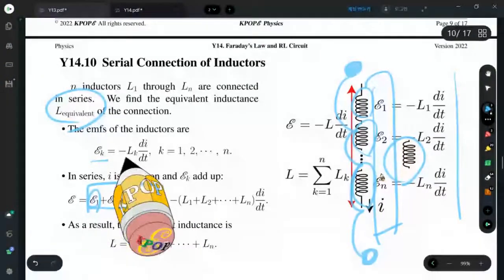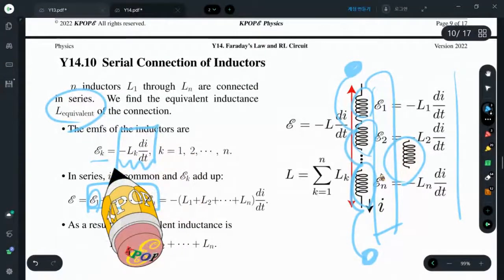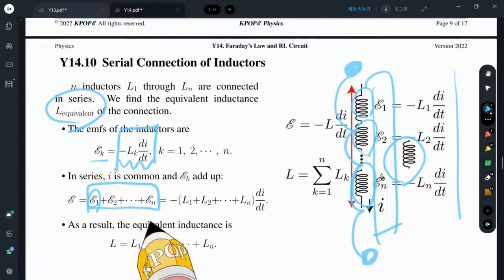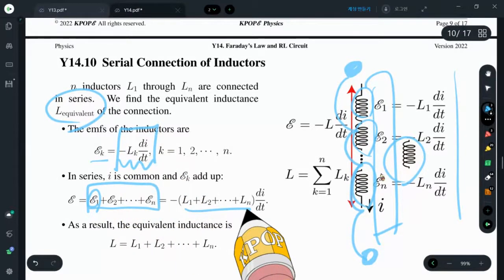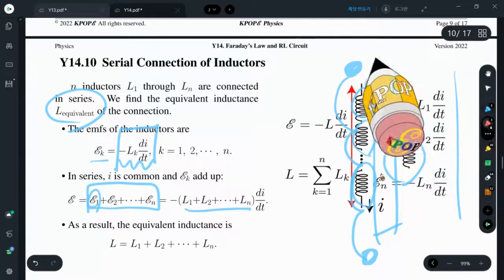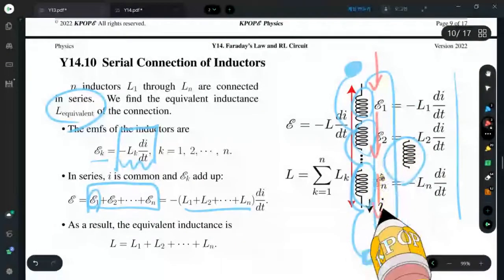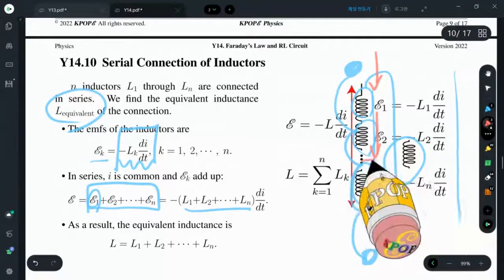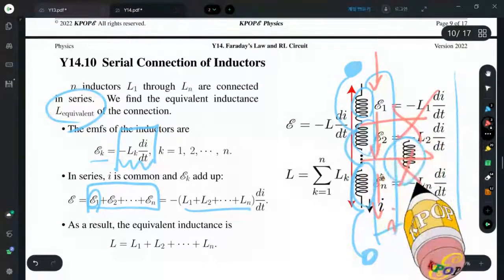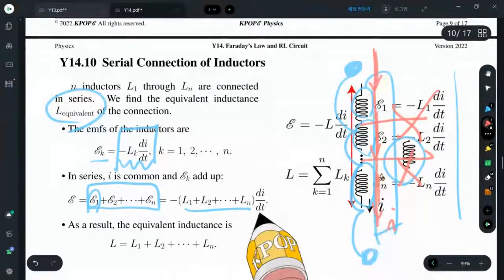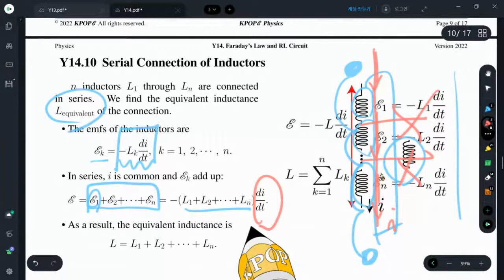Each potential change, according to Faraday's law, we can replace with this form. In here, current I is invariant. There is no branch, therefore current I is a constant. So we can make use of a single current.